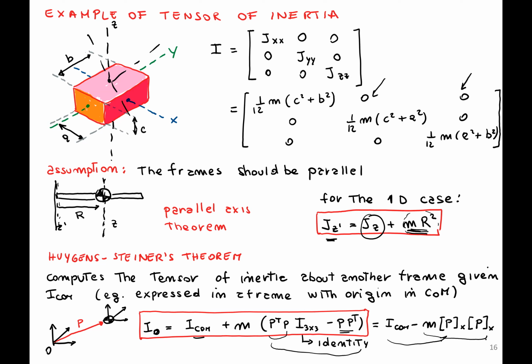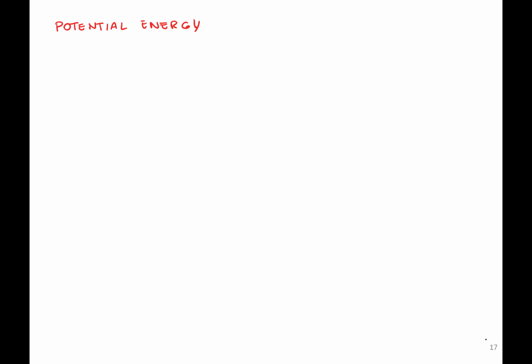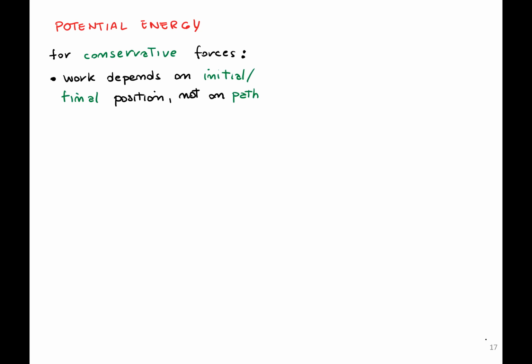Okay. Now let's talk about the potential energy. We are now able, ideally, to compute the kinetic energy. What about the potential energy? First, let's recall what conservative forces are. Do you remember what a conservative force is?